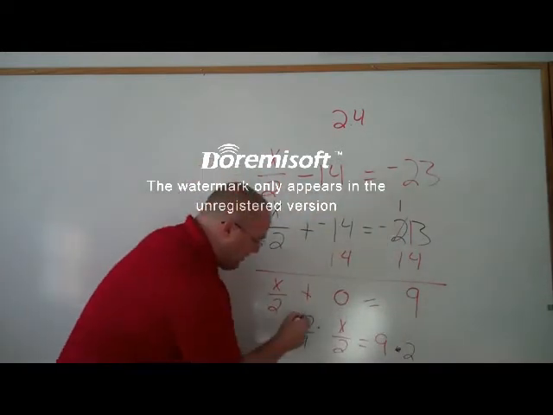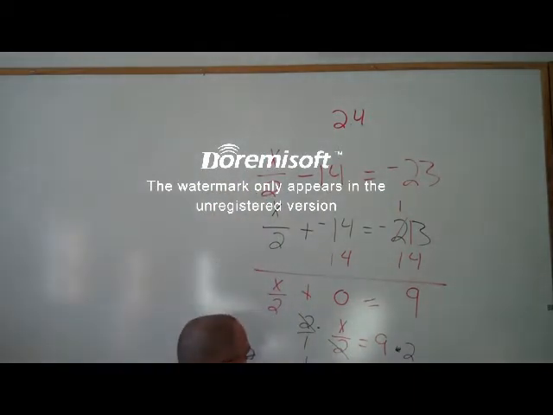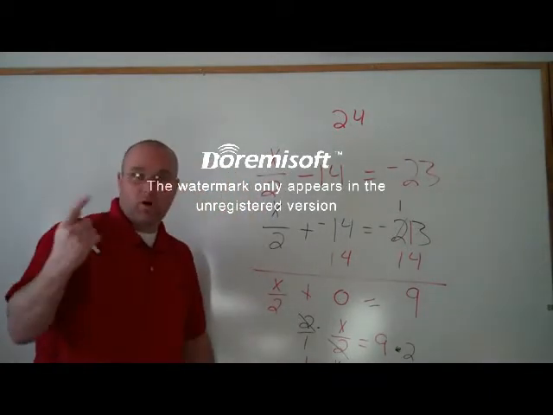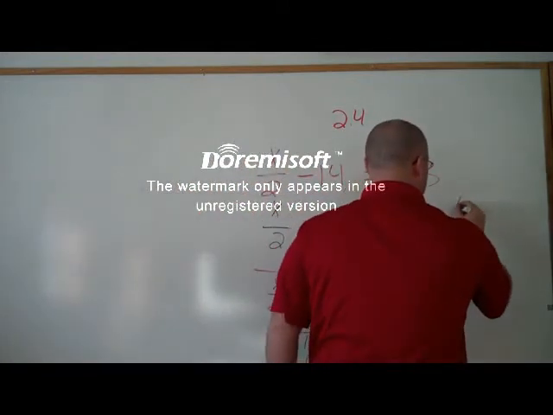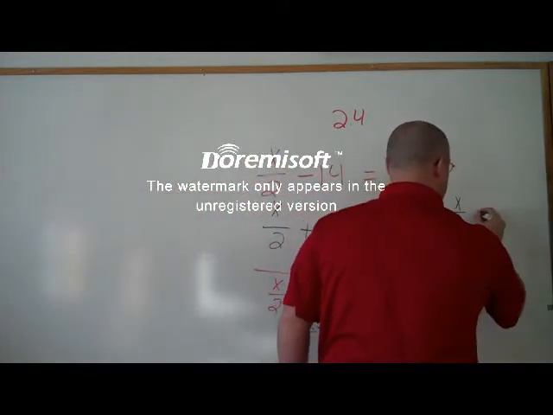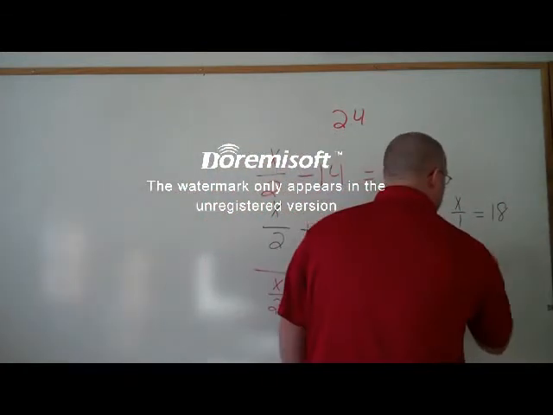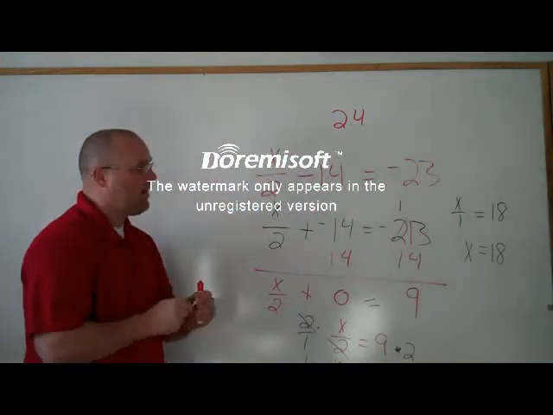Okay, this cancels out, this cancels out, so this turns into a 1 over 1 times x over 1 equals 18. When we do our multiplication, that's going to be 1x, and 1 times 1 is 1. So x over 1 equals 18, x over 1 equals x. So x equals 18. Alright?